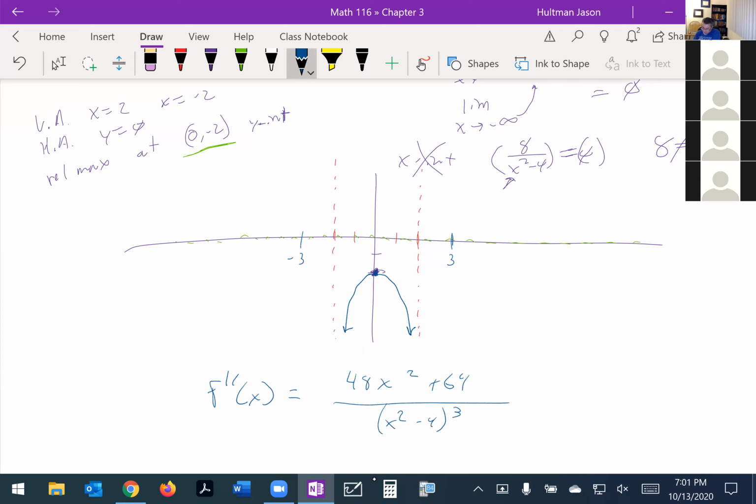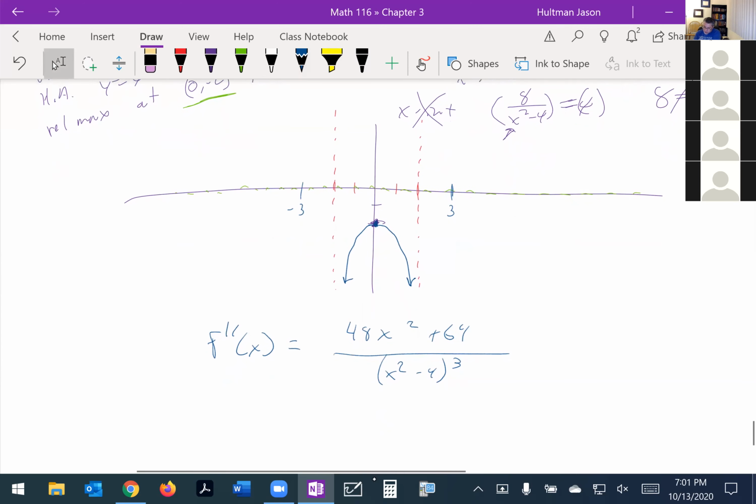Is this concave up or concave down? Let's plug in 3 first. That'll be easier. Okay, f double prime of 3. So we get 48 times 3 squared plus 64, all over 3 squared minus 4 cubed. I just care about the sign of this.